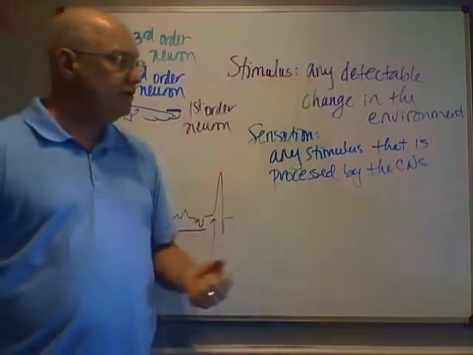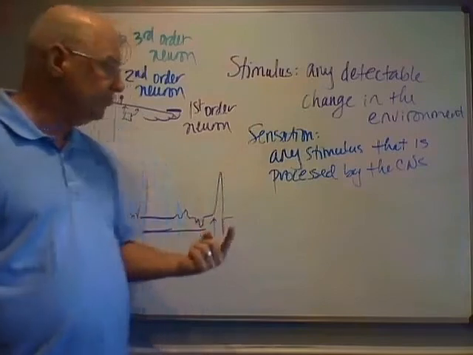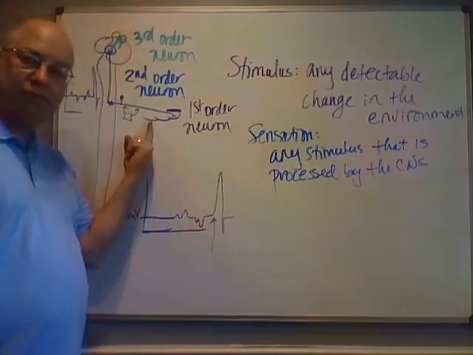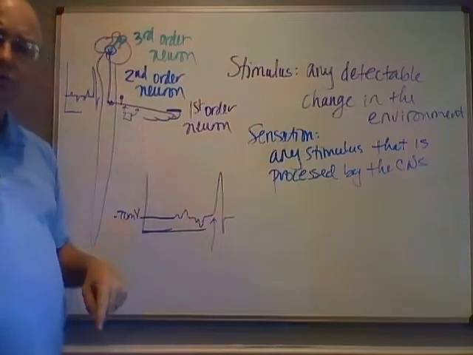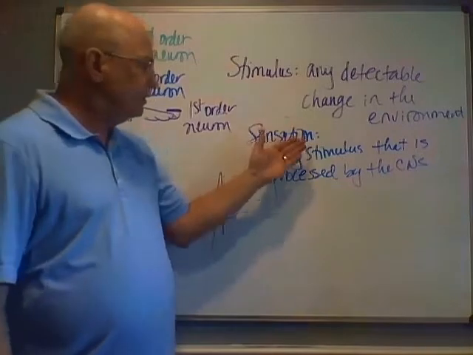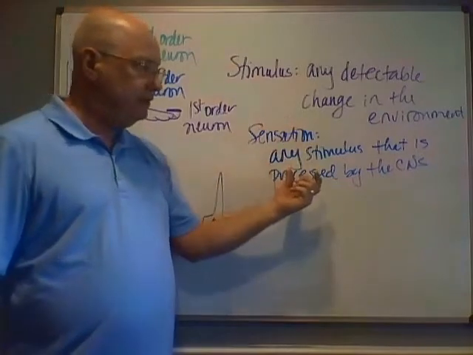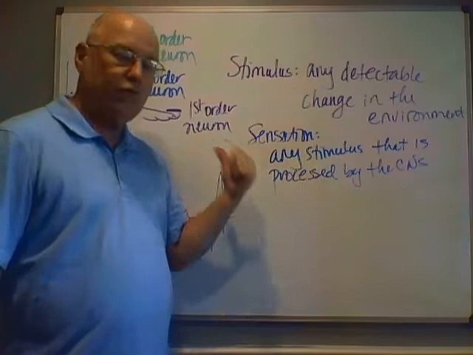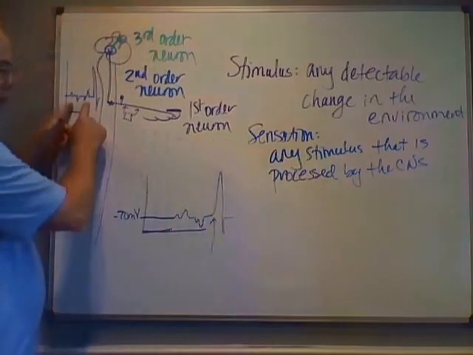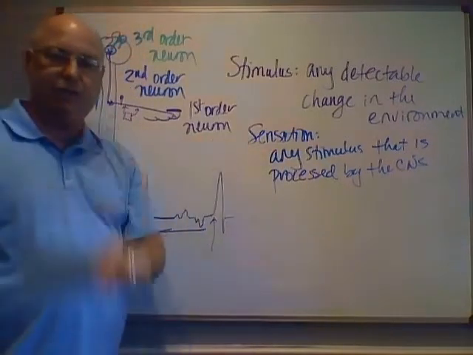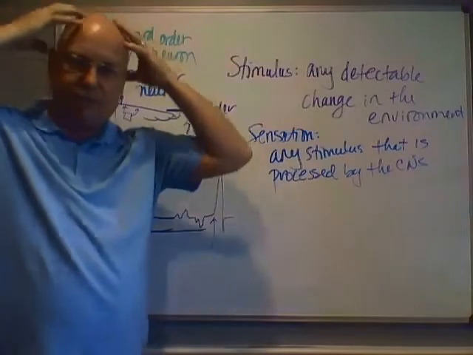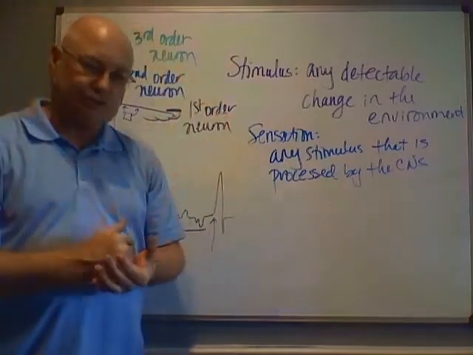A stimulus is any detectable change in the environment or anything that alters the resting membrane potential of the first order neuron. A sensation is any stimulus that reaches the CNS or anything that alters the resting membrane potential of the second order neuron. Perception is the conscious awareness of a sensation.